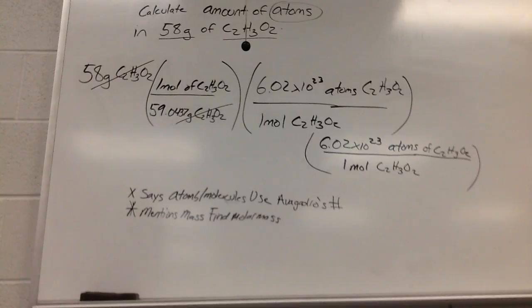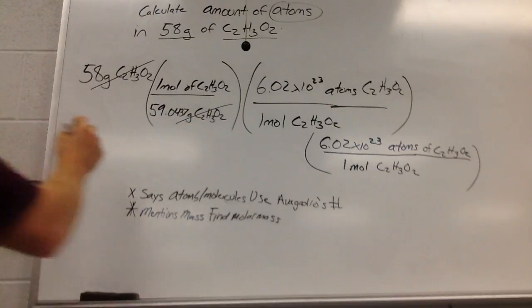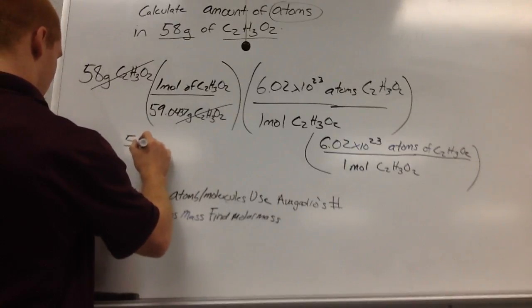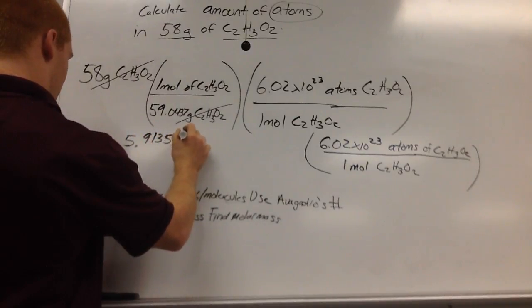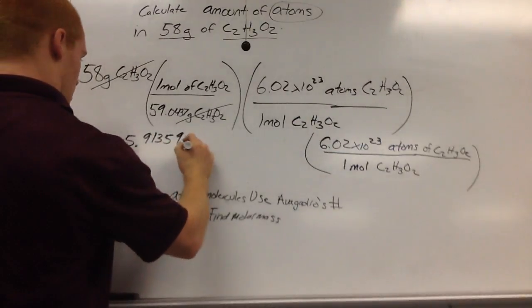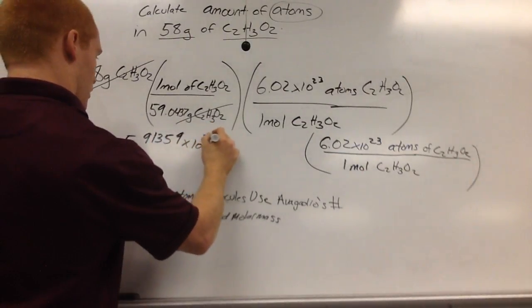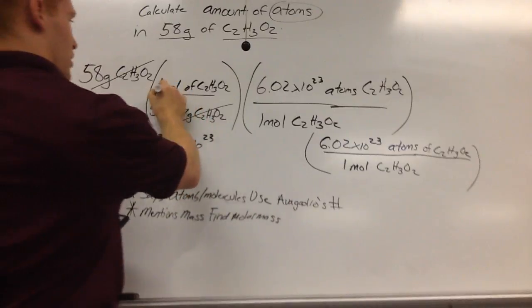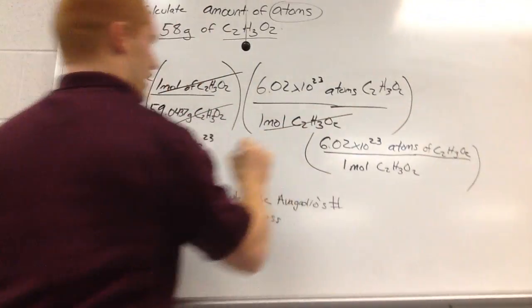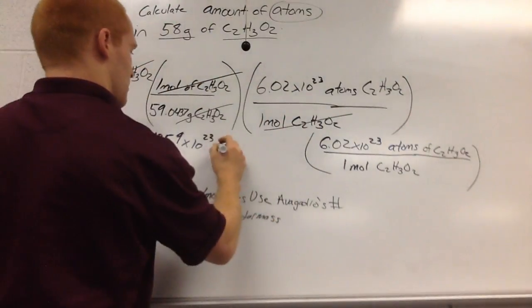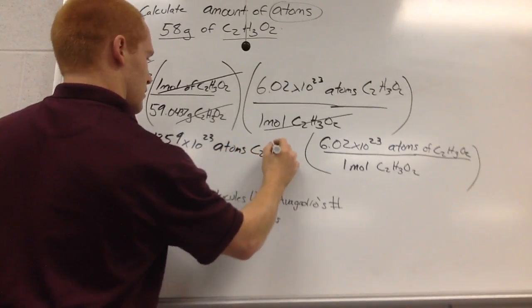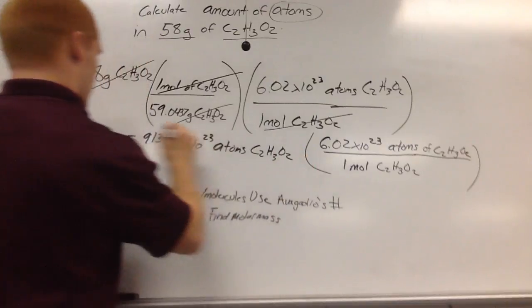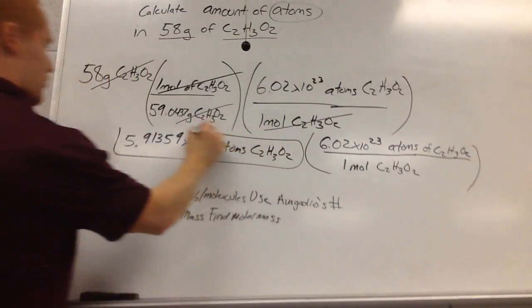When you multiply and divide all those, you should get 5.91359, I rounded there, times 10 to the 23rd. Notice our units cancel out: moles of acetate cancel out. We're left with atoms of acetate. So this would be our final answer.